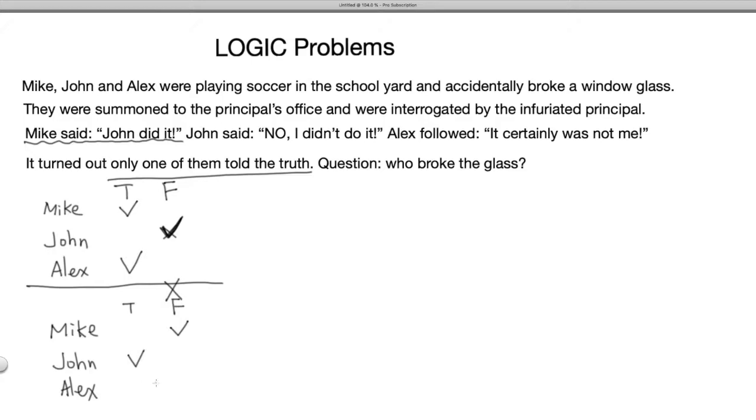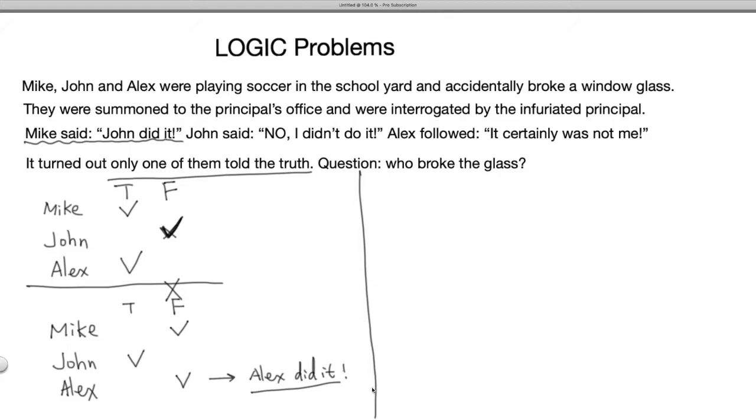That means Alex has to be telling a lie as well, because John is already telling the truth. That means it certainly was not me is a lie. So Alex did it. Okay? So that's the first approach.